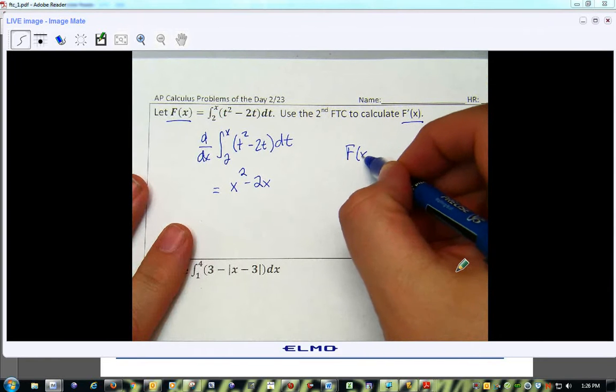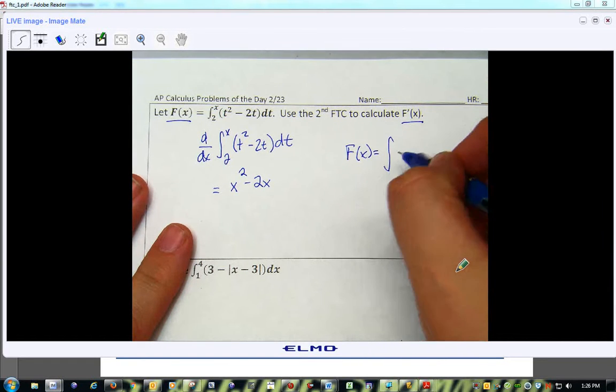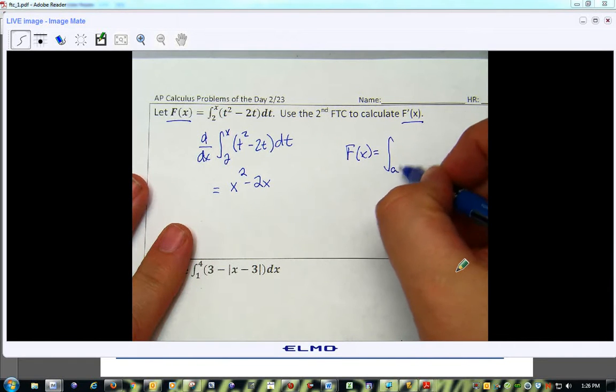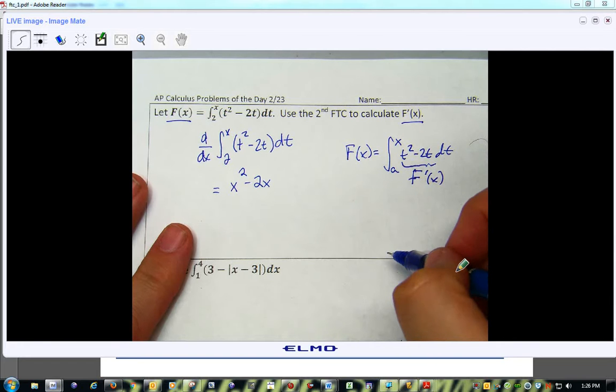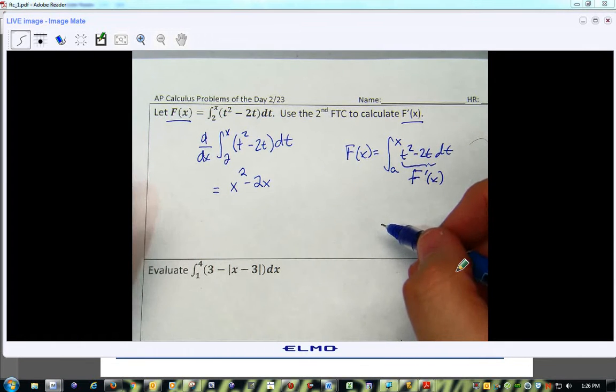F of x is equal to the integral from a to x of that t squared minus 2t dt, where this is f prime of x. So that whole integrand is f prime of x, but it's written in t's.